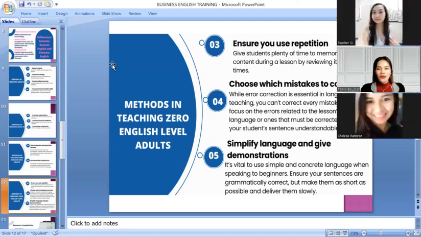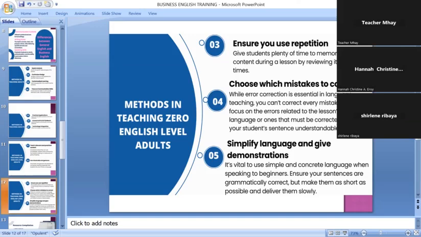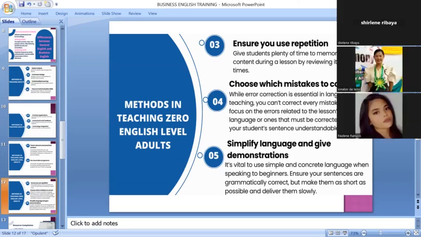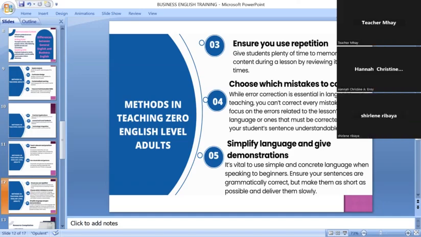Especially those teachers who have lots of young learners. So why is it very important to use repetition in teaching zero English level adults and even young learners? To test the retention. Yes, and also, for example, if we use chants, it will be easy for them to remember.